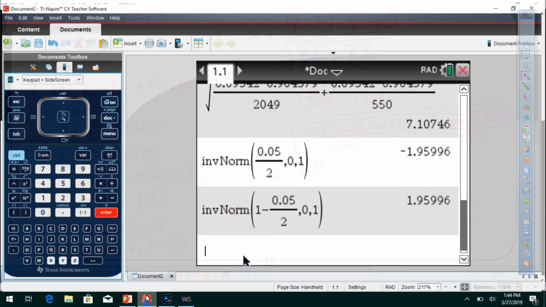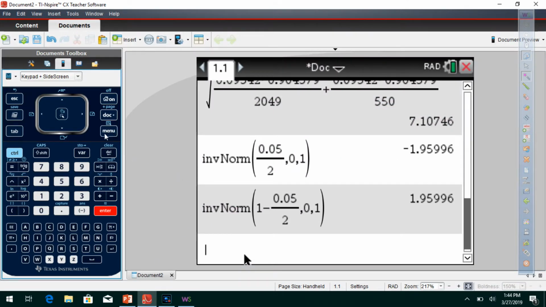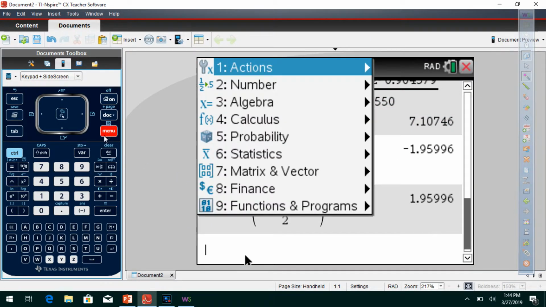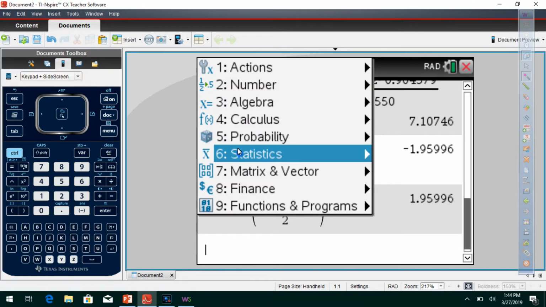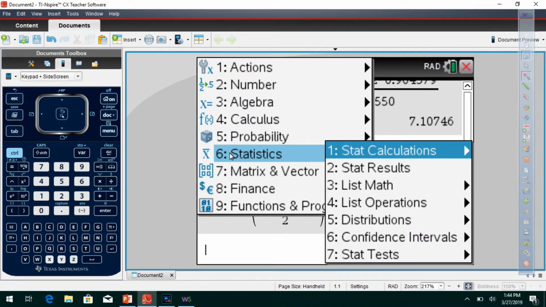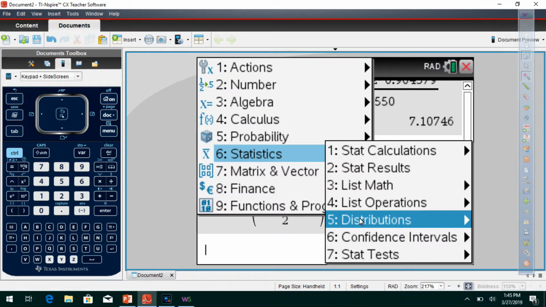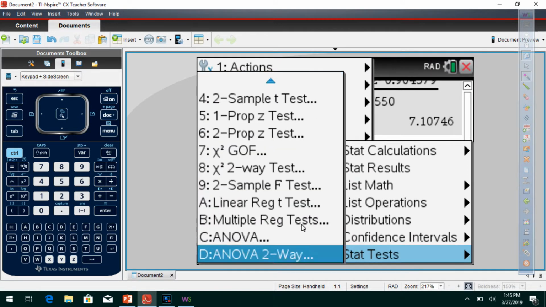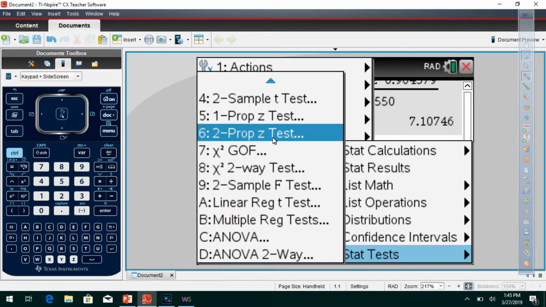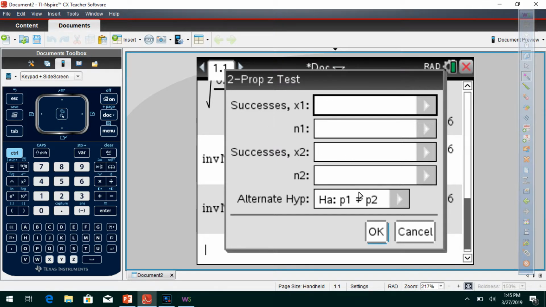Oh, can you do that in the calculator? Let's see if we can do that in the calculator. Menu, and it's much easier in the calculator. 6 for statistics, and then 7, and then 6, and we did all of that, right?